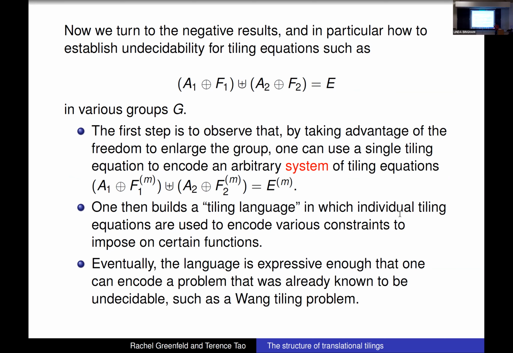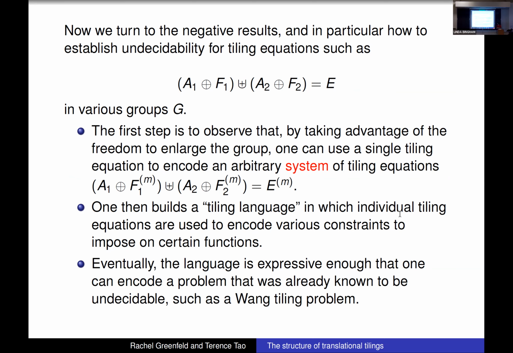But if you stack a whole bunch of sentences together and you have a whole paragraph of different sentences, deciding whether there's something that obeys all the properties that you list, that may be undecidable. Okay? And so you can start hoping to have a language which is expressive enough that you can describe a very complicated undecidable statement in terms of more primitive statements, each of which has an easy encoding by one of these tiling equations.